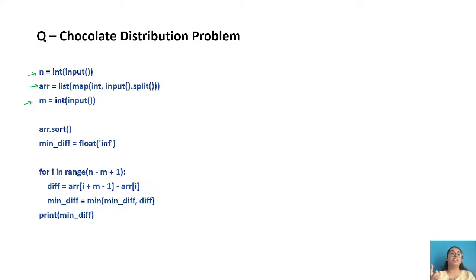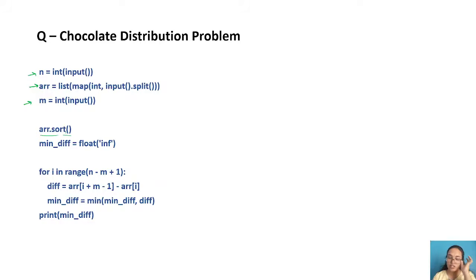And if there is no mention, like in this question there is no mention of sequential or random, and you don't know what type of thing is happening, you can take the help of the sample input and output. That will help you understand whether they are taking the sequential difference or the random ones. Now once that is done, the best way is to do array dot sort.